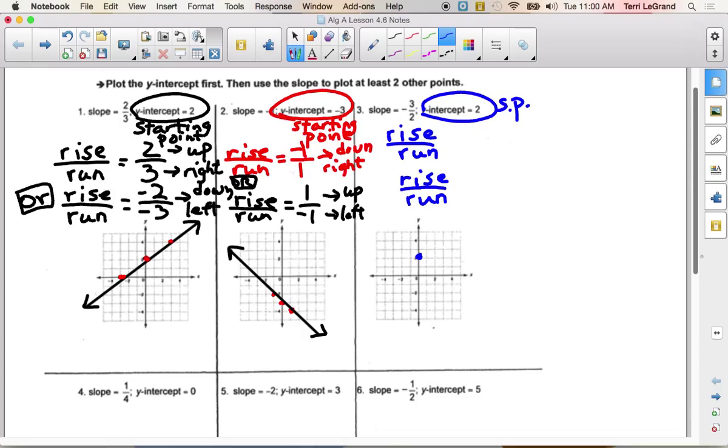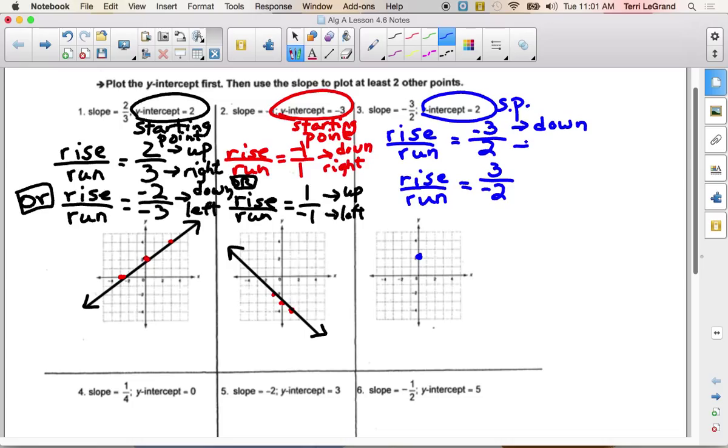So we're going to give it to the rise first. Let's give it to the rise the first time. And then in the other one, we're going to give it to the run instead. Okay? In this one, the rise is negative, so I've got to make sure I go down.